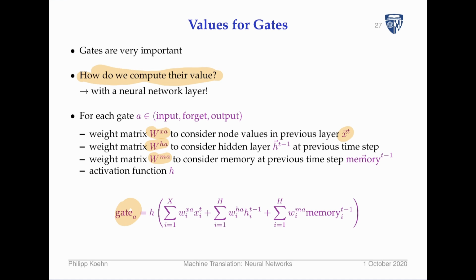Then the node value of the same layer at the previous time step. And we can also feed in the memory of the previous time step. So all that goes into there. So that just becomes then a usual weight multiplication with these vectors and an activation function h.